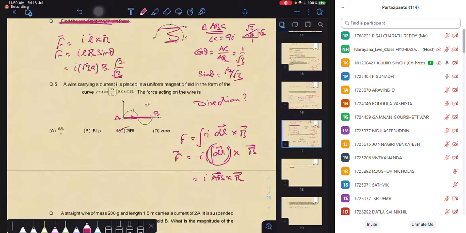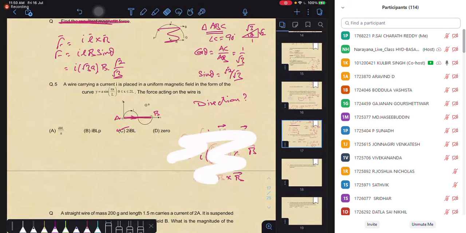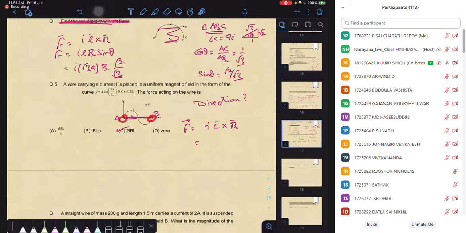So forget about the shape, replace it by a straight wire. If you replace it by the straight wire, I'm getting the force as I L cross B. Here L is going to be the length from starting to ending, so L vector is basically 2L, and its direction is minus i cap.